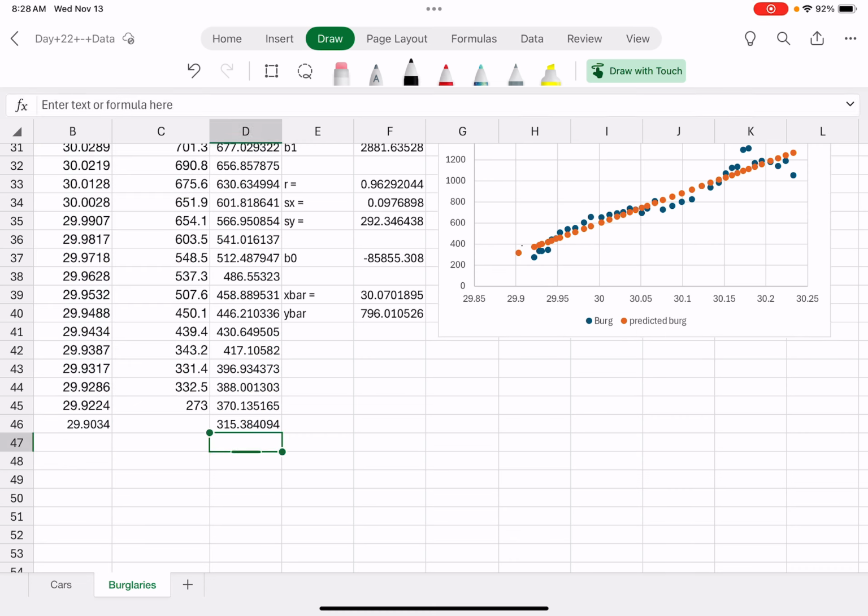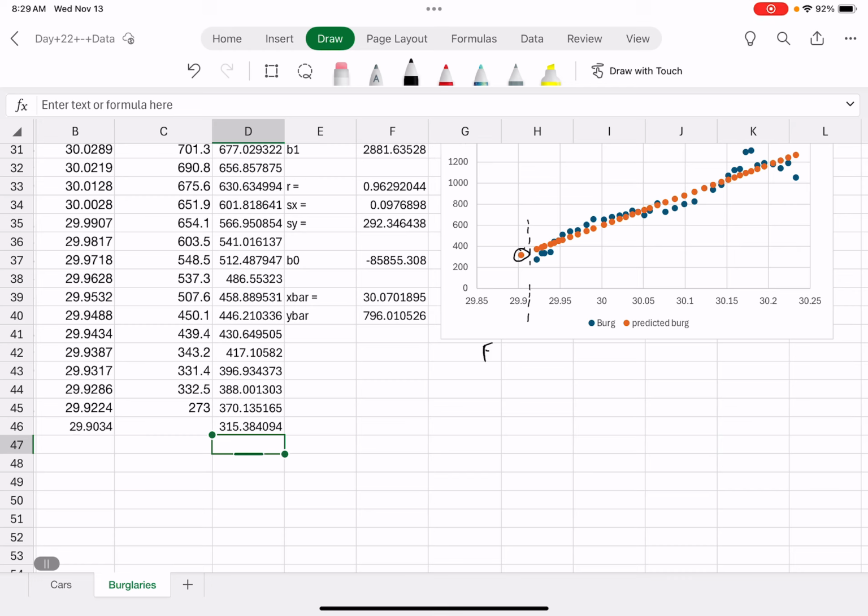This point here is my new point. It doesn't have a blue point associated with it. This is extrapolating. I've extrapolated beyond the range of data.